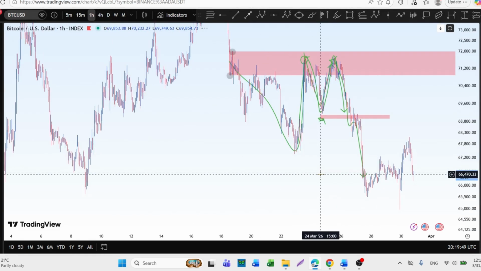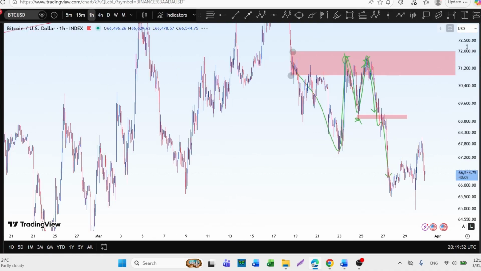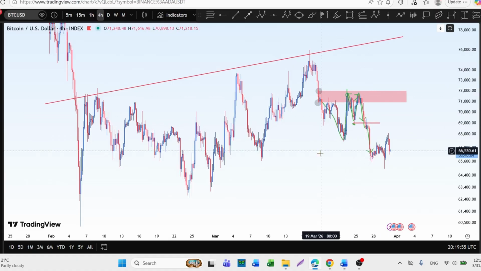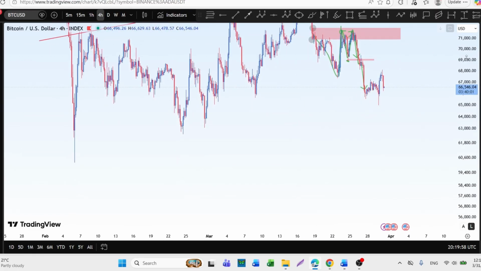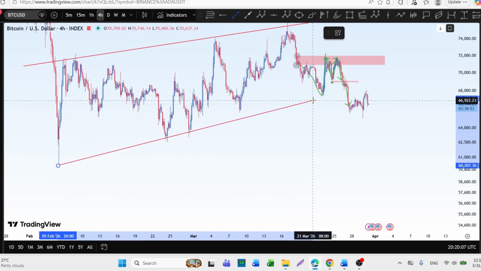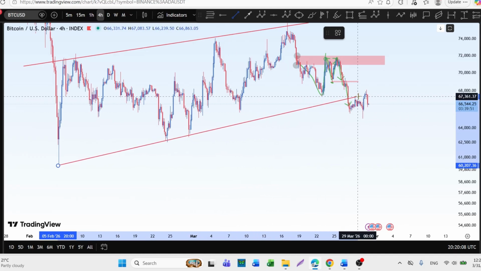So this is what's happening with Bitcoin. We're still ranging in the same range. If we go on a bigger time frame, you can see things clearer. If I just draw a trend line, and by the way, trend lines are a bit subjective, so each one will draw them in his own way, I'll try to be as objective as I can.